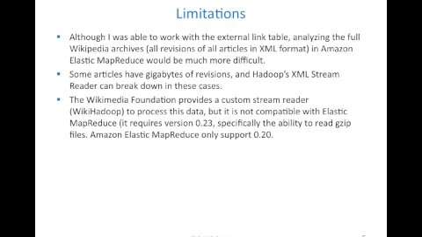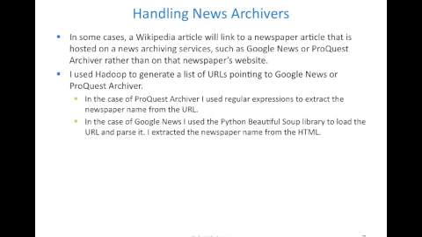So I was able to use this Wiki Hadoop on a very small test set of a few megabytes on my local machine, but I don't have the capability to process terabytes of data on my local machine. And unfortunately, it seems like doing it in Elastic MapReduce at the moment would also be somewhat difficult and require quite a workaround.